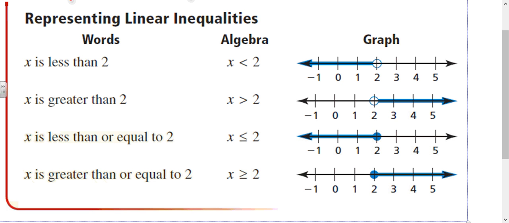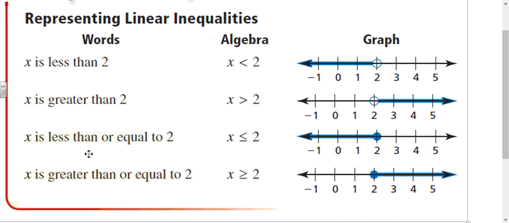So if I'm saying less than 2, notice this is less than because it points to the left. And notice that my circle is open because it doesn't say equal to. So less than points to the left, and it is open. Okay? Then greater than points to the right. And this one doesn't have the equal to either, so it's also open.